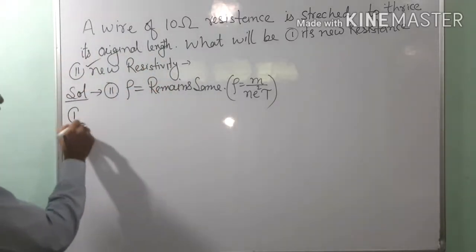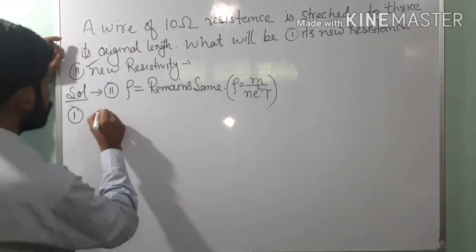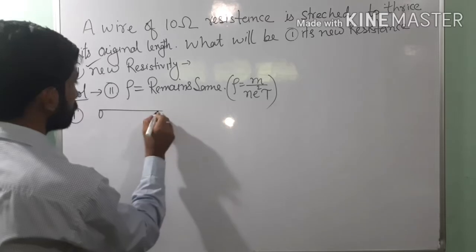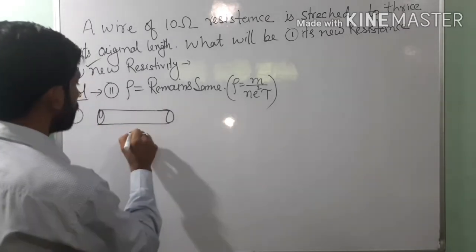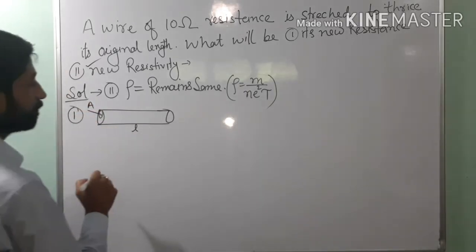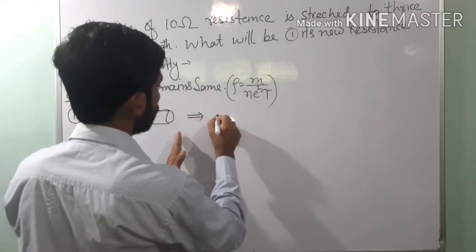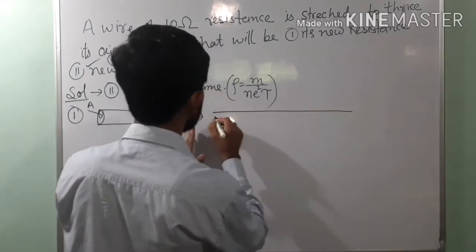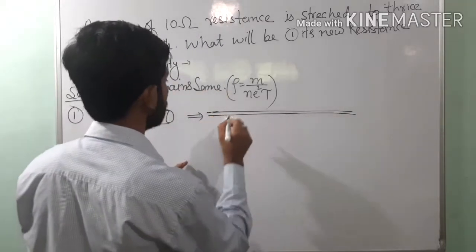Now going into the first part. The question is that the wire, suppose this is a wire, its length is now L, and the area of cross section is A, but it is increased to thrice of its length.